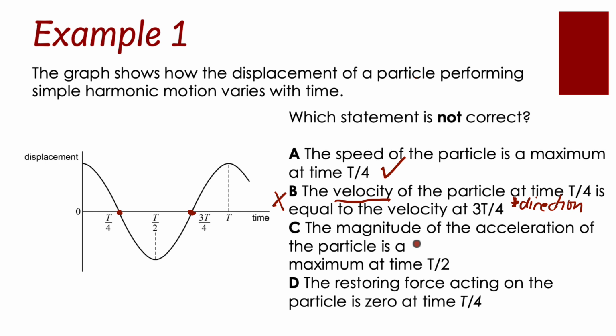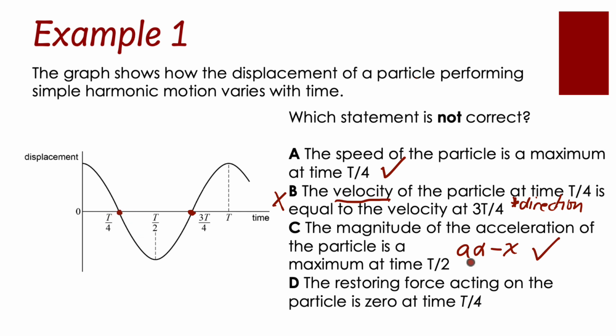The magnitude of the acceleration of the particle is a maximum at T over 2. Remember that A is proportional to negative x. So if x is a maximum, so is A. So at T by 2, our displacement is a maximum, so both of them are true. And finally, the restoring force on the particle is 0 at T by 4, right here.